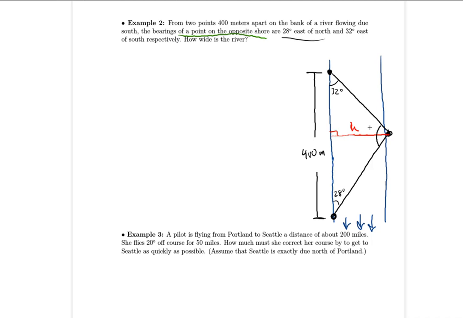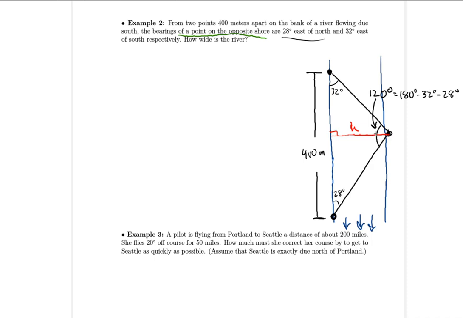So I know that that angle has to be 120 degrees. And the reason, of course, I know that is because total, it's got to be 180. So if I take that minus 32 degrees minus 28 degrees, I'm going to get 120 degrees.